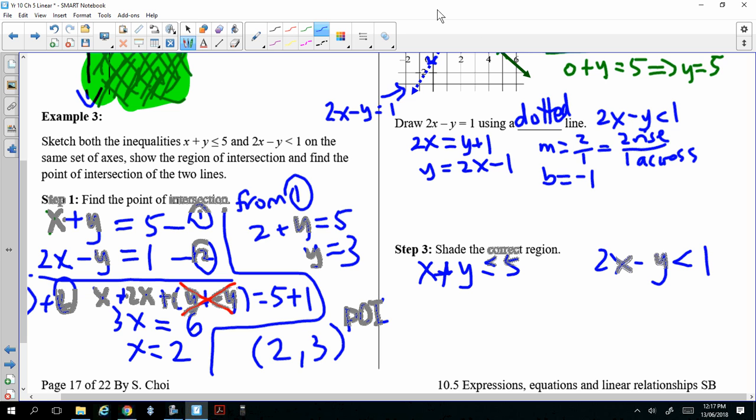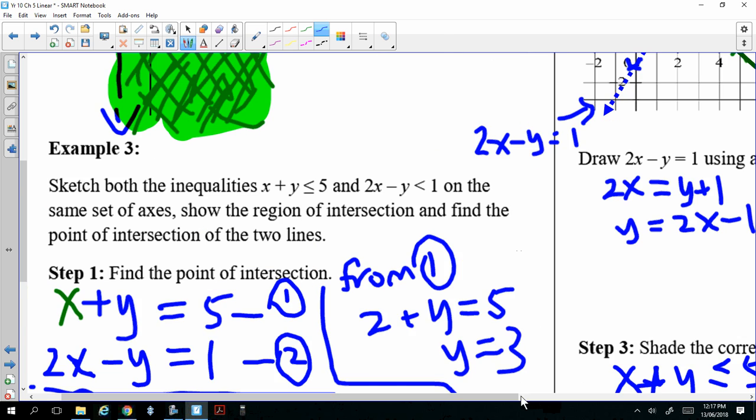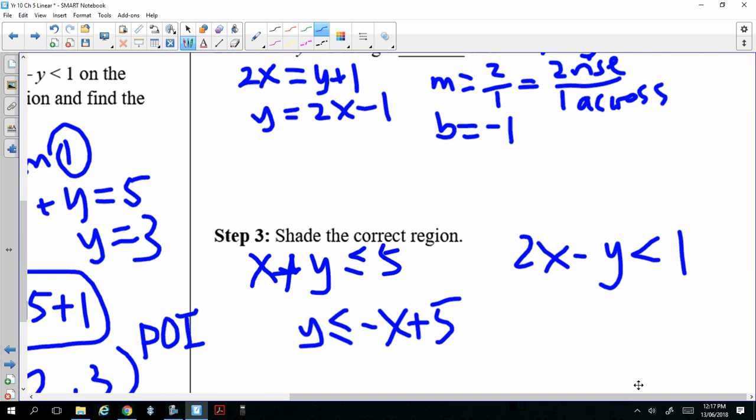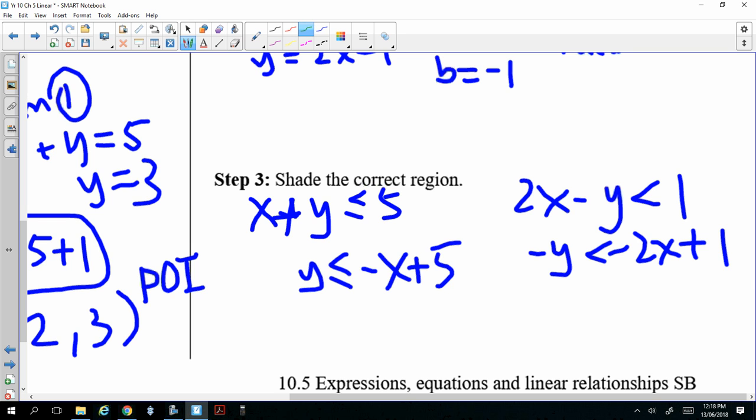So y is less than negative x plus 5. For the other one, make y the subject. Be careful: negative y is less than negative 2x plus 1. You have to divide both sides by negative 1, which changes the direction of the inequality. So it will be y greater than 2x minus 1.